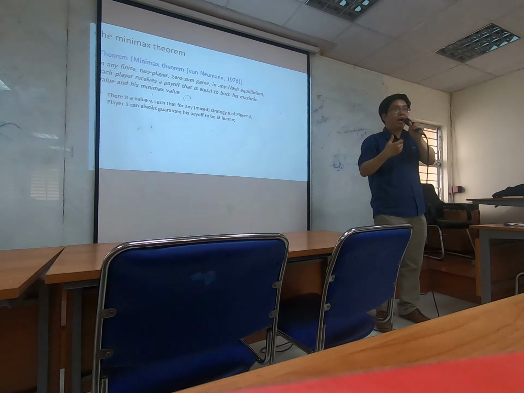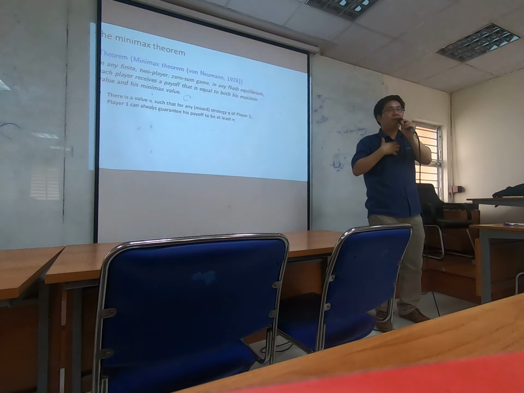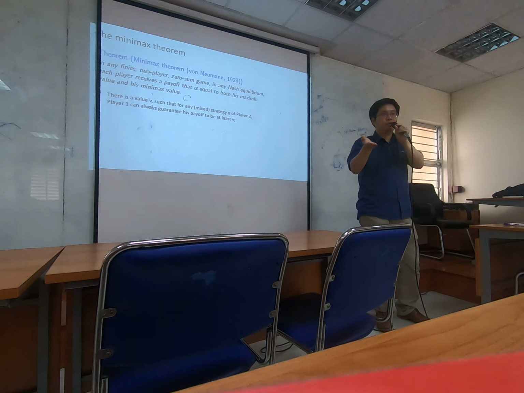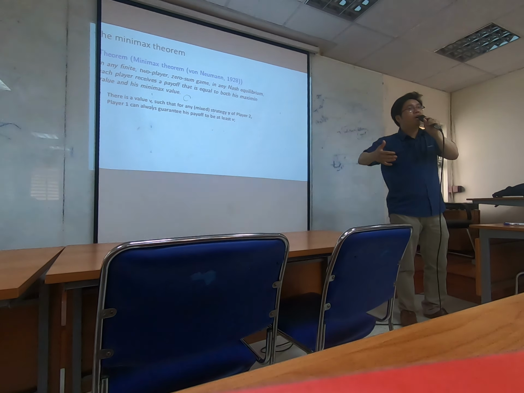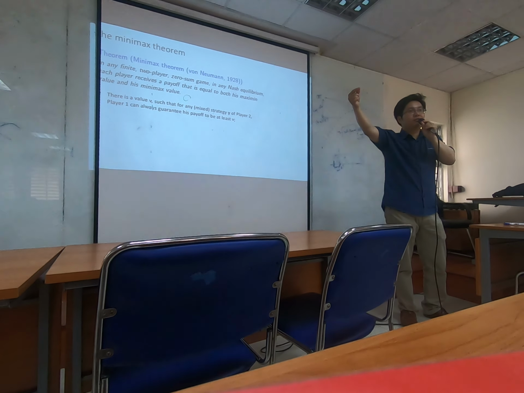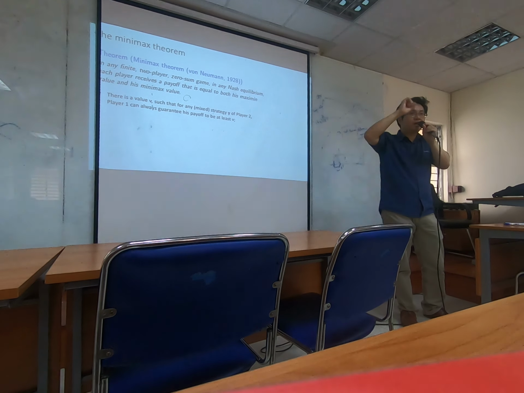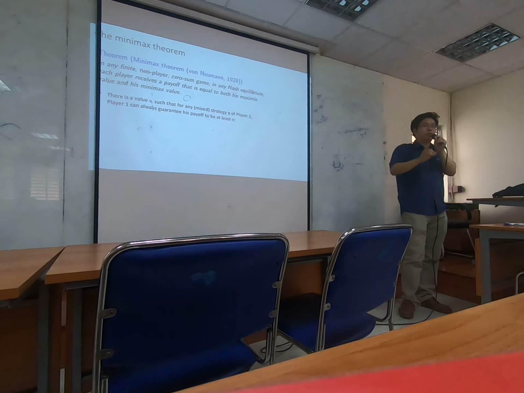Okay? So I can always guarantee that my reward is at least that value. But this is also true for the opposite side: if the opponent plays this strategy, whatever I do, I cannot get better than that. Okay? So it is a stable solution, a stable point.